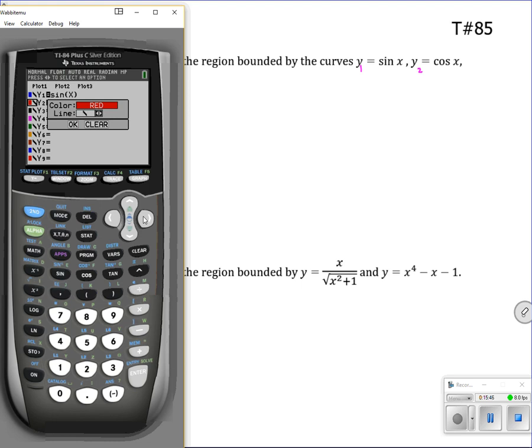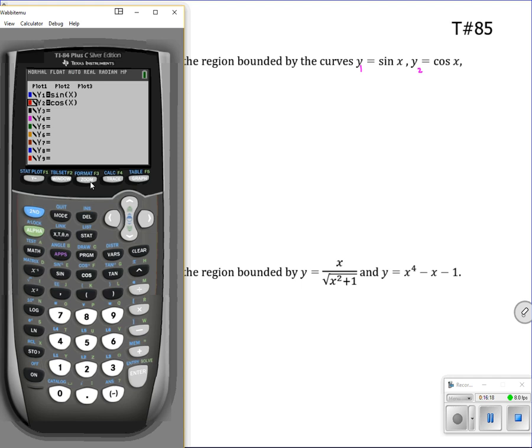So you can make one of them thicker than the other. Not that you don't know what sine and cosine look like, but depending on the graphs, if you're wondering which one is which, it's kind of nice to arrow over to your line and make one thicker than the other. So let's see if I can do that. So hopefully it did that.